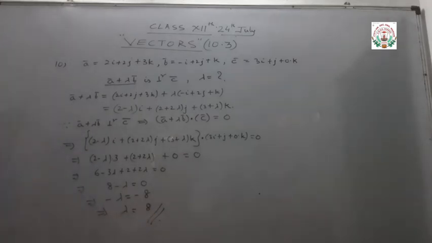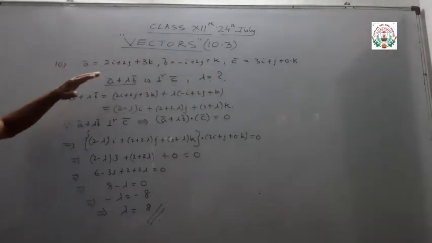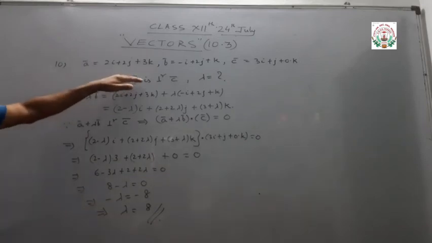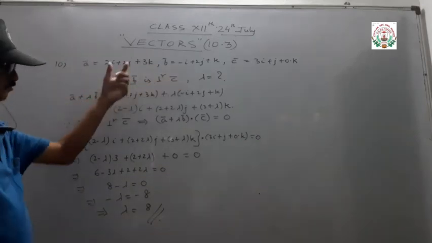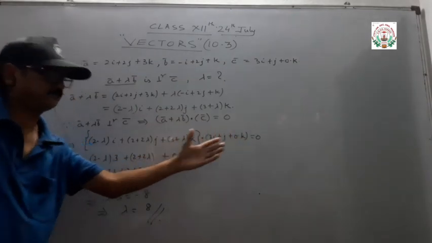So once again you can listen. The three vectors are given to us, vector A, vector B and vector C, and the condition is given that vector A plus lambda vector B is perpendicular to the C vector, so therefore their scalar product or dot product will be equal to 0.